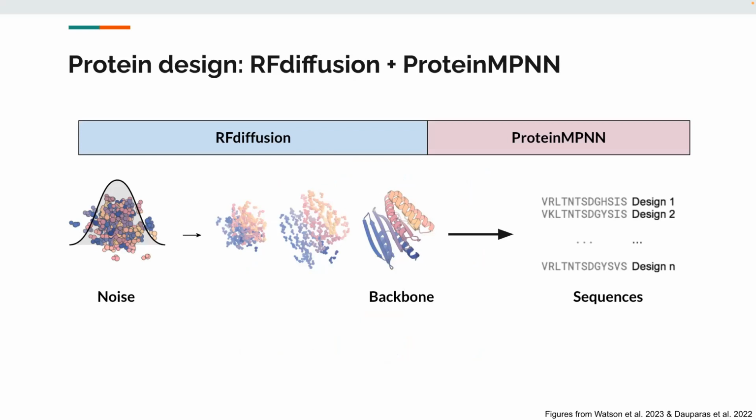They probably did it because it saves them a lot of time on having to go from the harder problem of going from noise or initial condition to the actual sequence, because they already have this model that works pretty well for this step, so they can just focus on the previous step and simplify the approach a little bit. Does this workflow make sense to people, or do you want me to spend more time talking about it? Cool, I will move on.